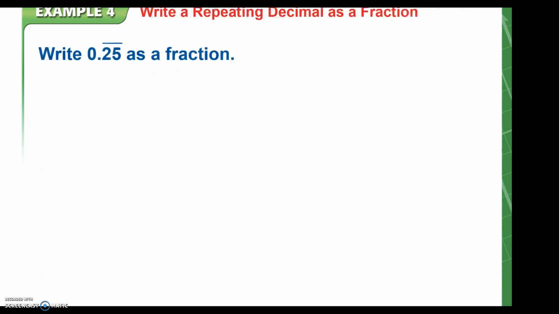So next we're going to look at writing a repeating decimal as a fraction. Notice this line over the top, we know that means it's 0.25252525, and it keeps going.